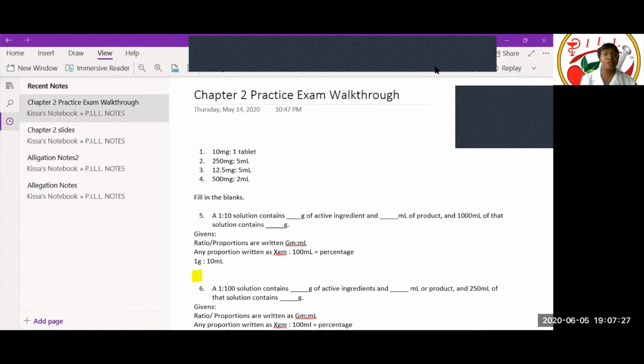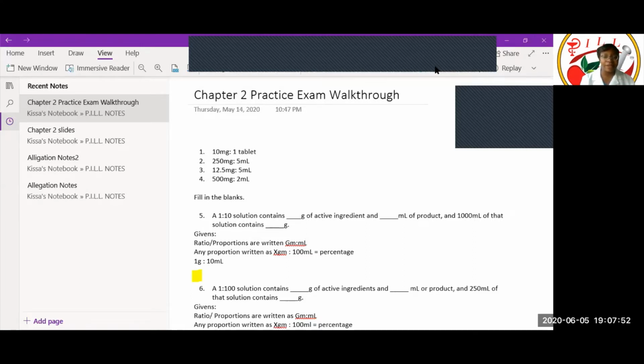So in question number 5, a 1/10 solution contains how many grams of active ingredient and how many milliliters of product? That's our first question in this calculation. And 1,000 milliliters of that solution would contain what unknown grams?